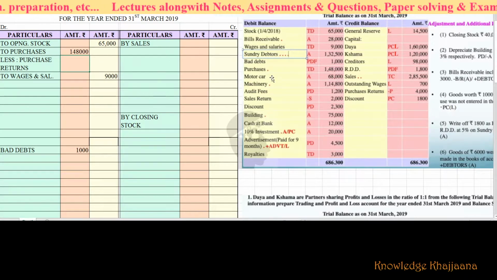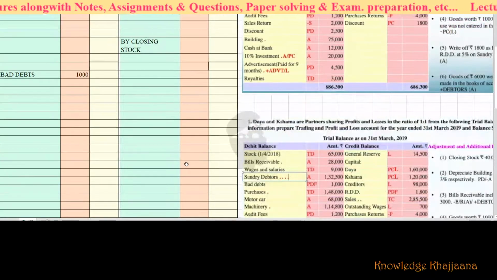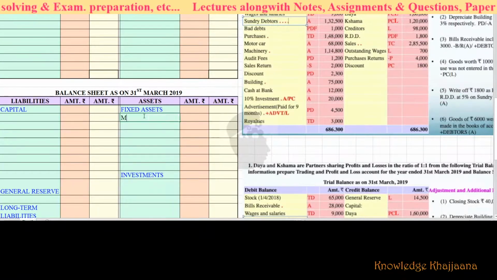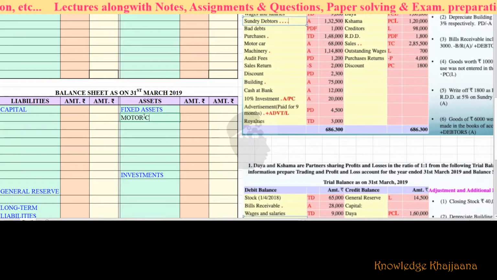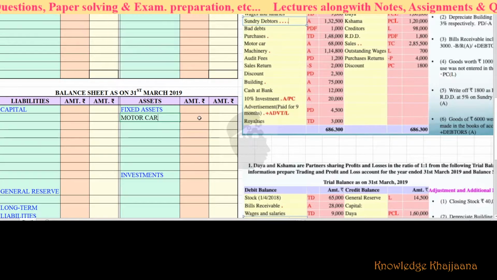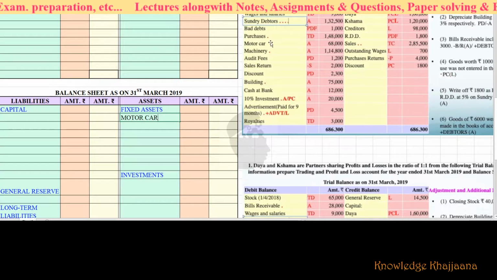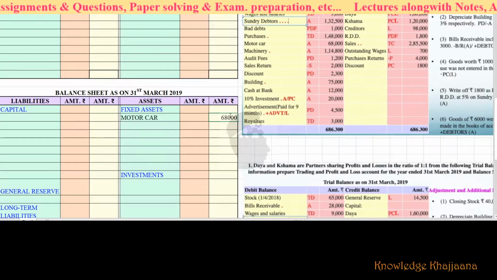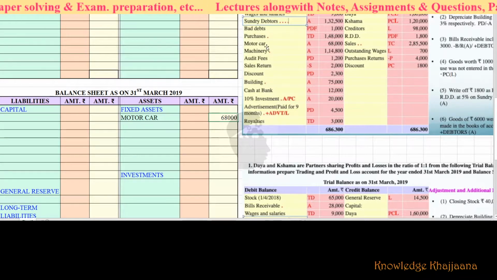Then motor car. Motor car is an asset, a fixed asset, so we can write it over here. How much is the amount of motor car? See, there is no adjustment against motor car, so rupees 68,000 is the motor car.